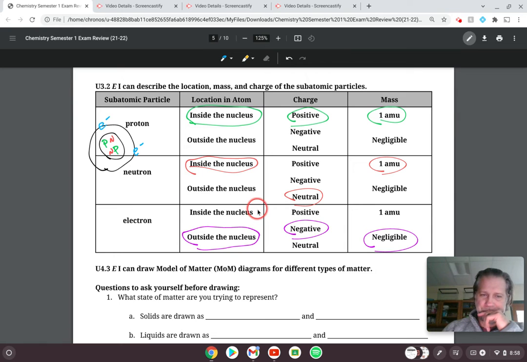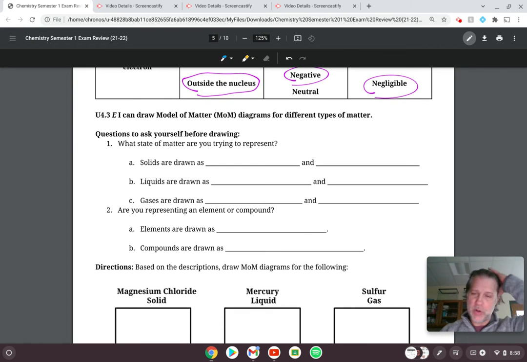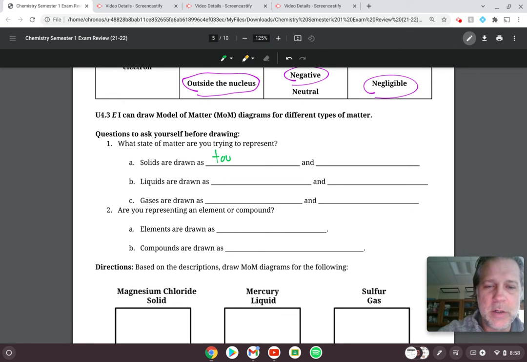Now, we have to be able to draw model of matter diagrams. And so there's some things that we have to keep in mind when we're drawing these diagrams. Solids are always drawn as touching. The particles are touching, and organized.